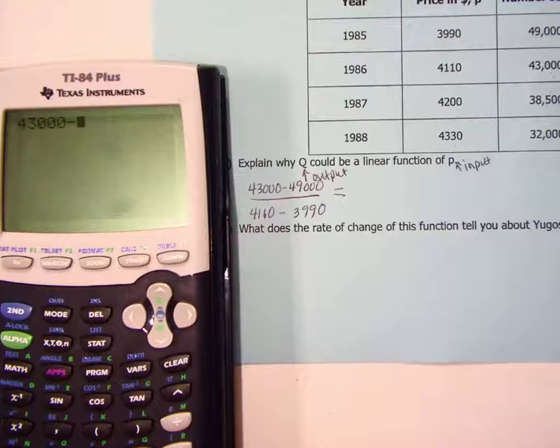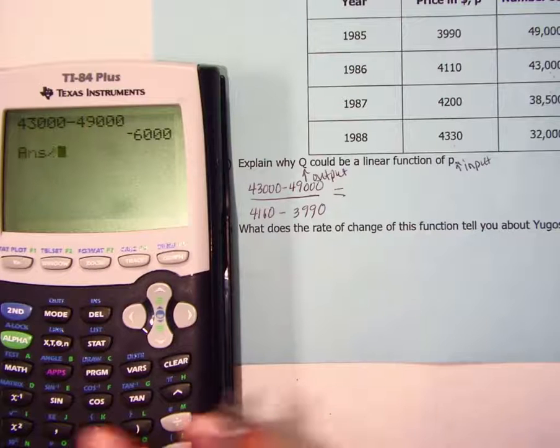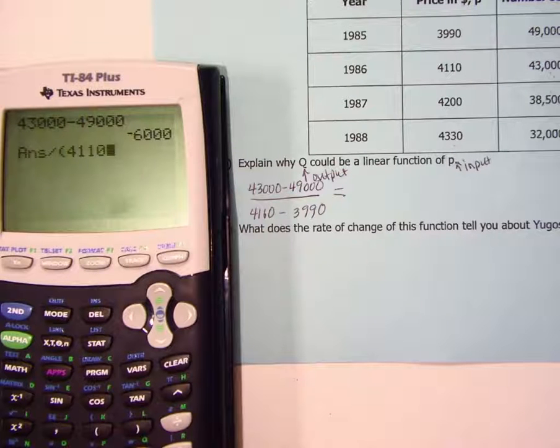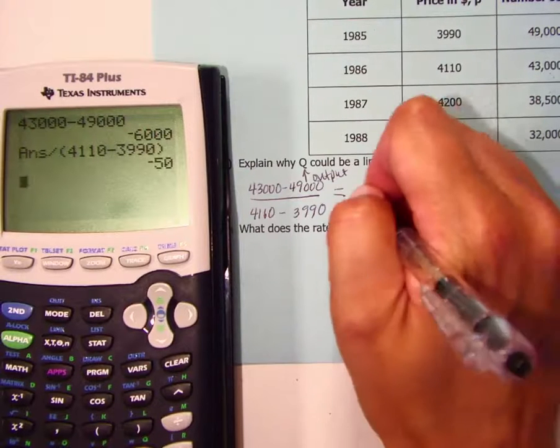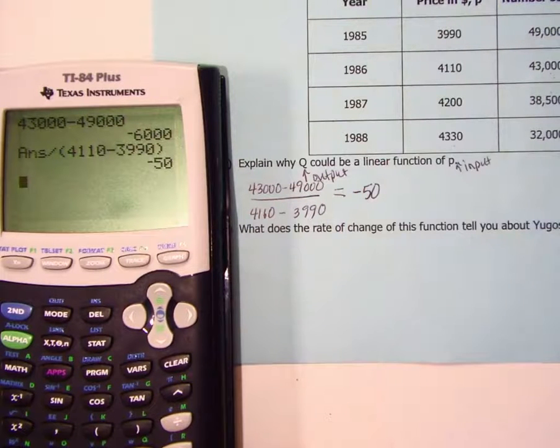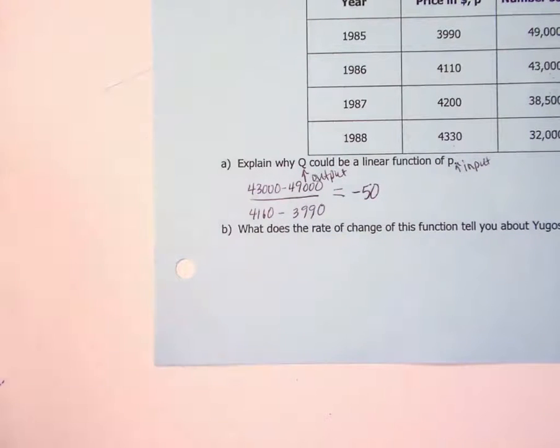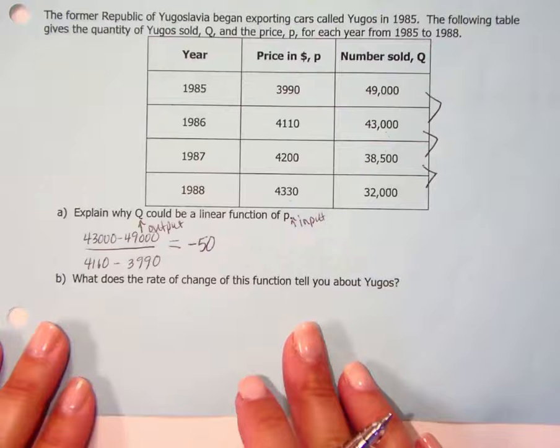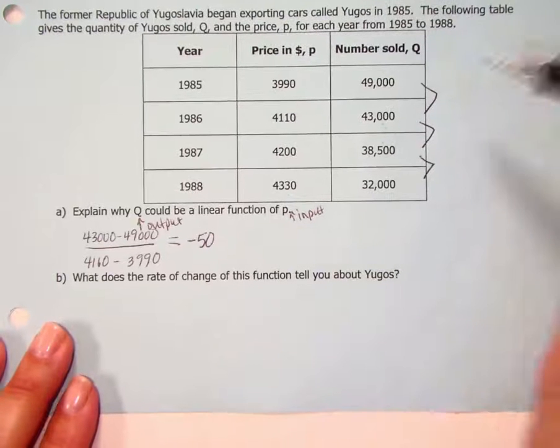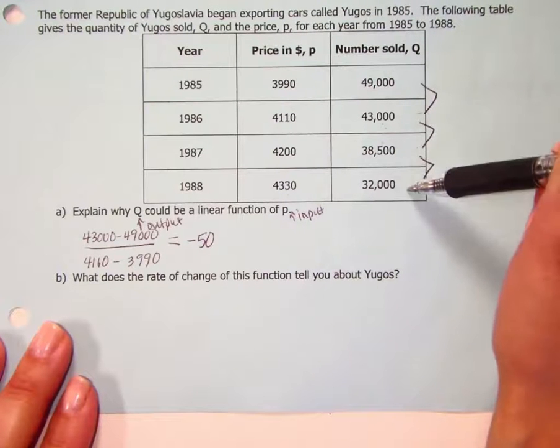So once we calculate that, we get an average rate of change of negative 50. We are going to do the same thing between the two other pairs of points.